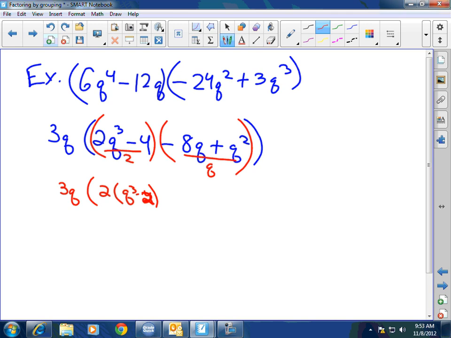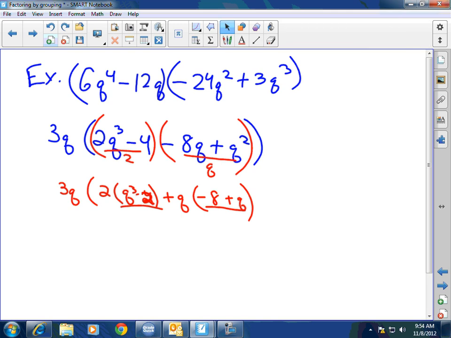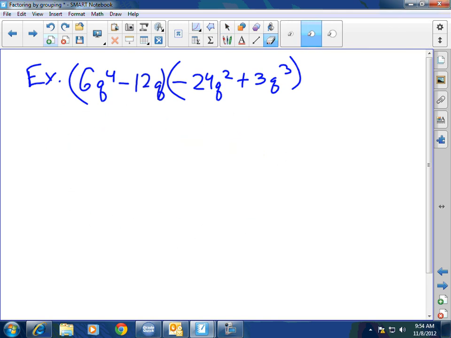But here, if I take out a q, I'm going to have a positive q, and then I have a negative 8 plus q. Are these guys the same? No. So in this case, when you can't group it out to make it pretty, you have to rearrange the whole entire thing.